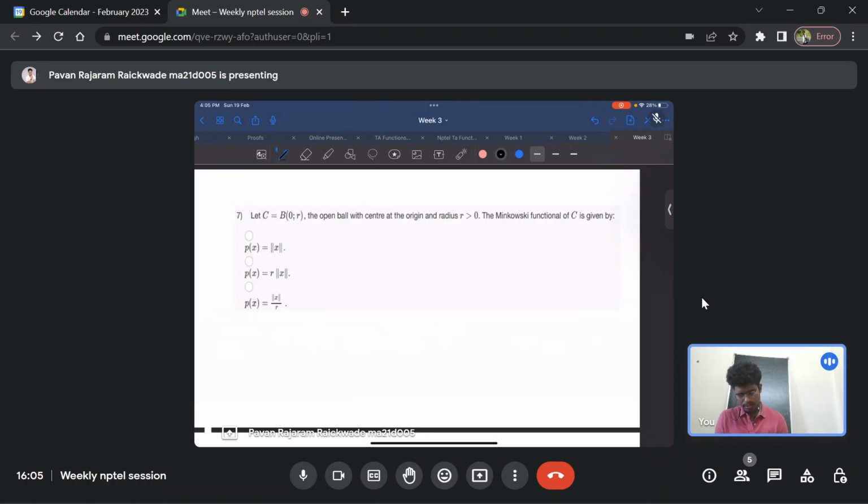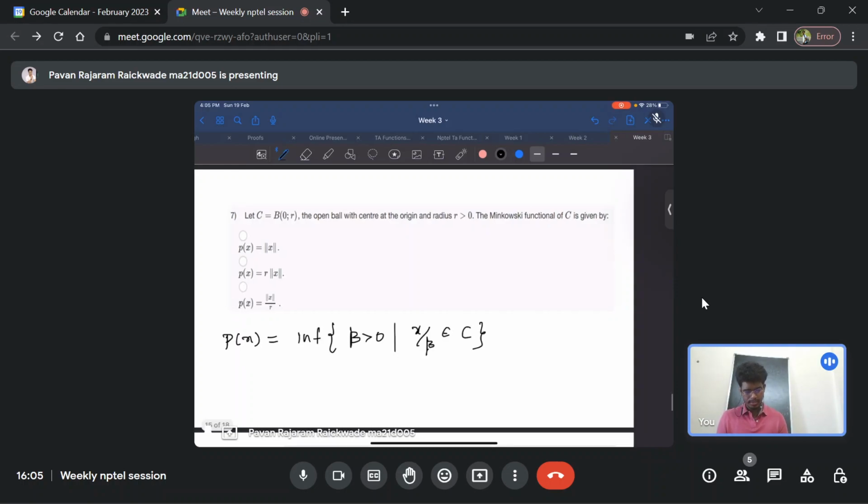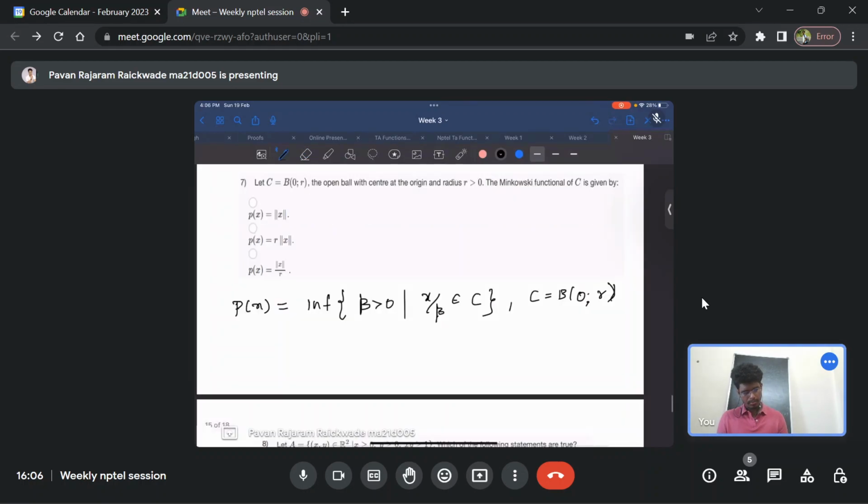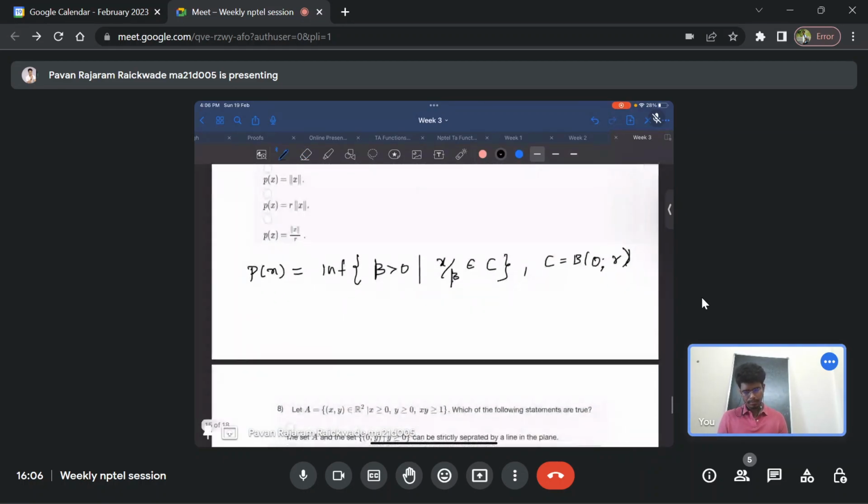The Minkowski functional is defined like this: P of x equals the infimum of the set of all positive beta such that x by beta belongs to C. For any set C, we define the Minkowski functional like this. So here our set C is the ball centered at 0 with radius r.